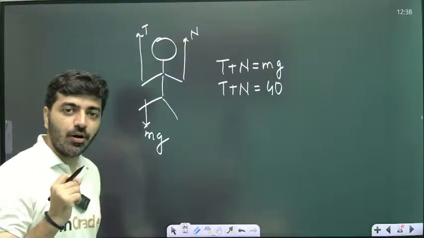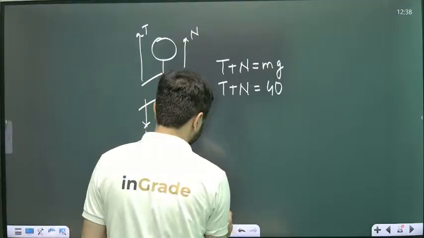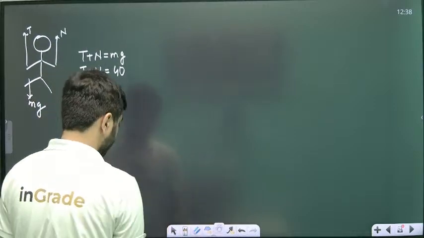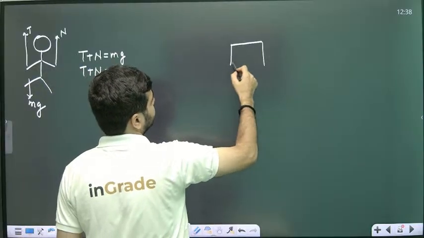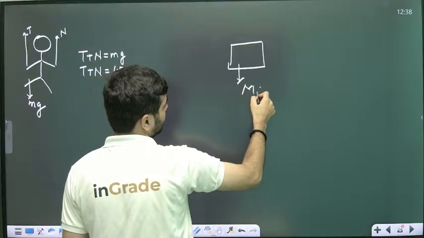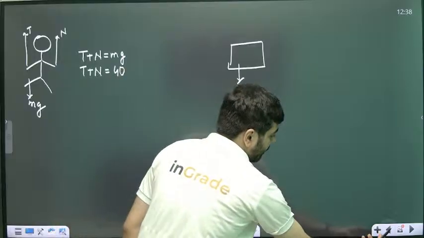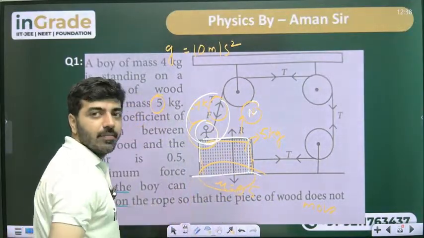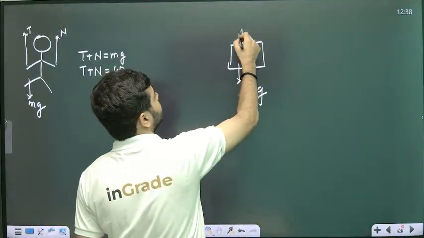Now let's plot the free body diagram for the wooden block. This is the wooden block, with weight Mg. Because of the surface, a reaction force capital R will be acting upon it.